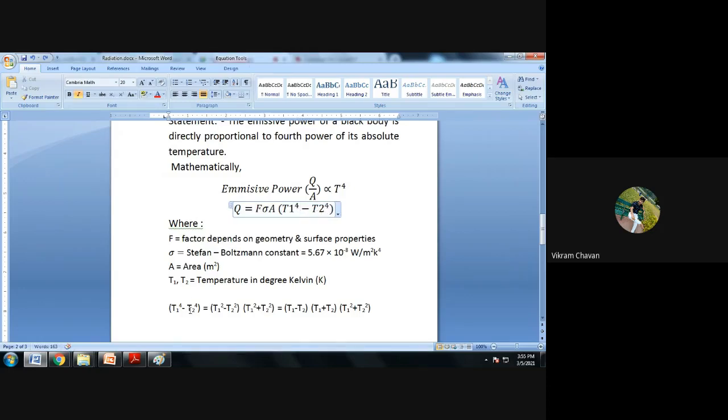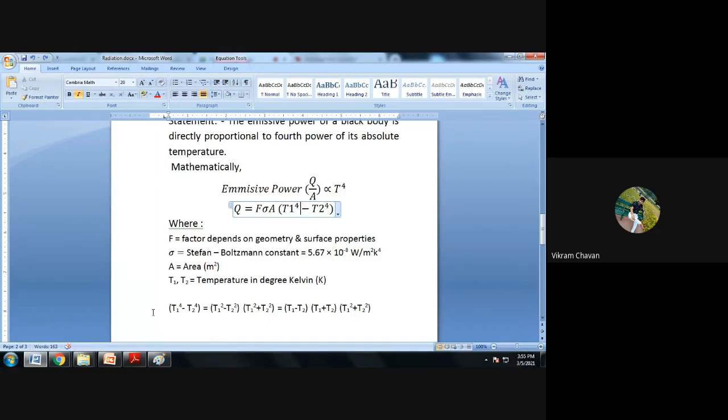It will be expanded in this manner: T1 square minus T2 square multiplied by T1 square plus T2 square. Further expansion uses the mathematical law that A square minus B square is equal to A plus B multiplied by A minus B.